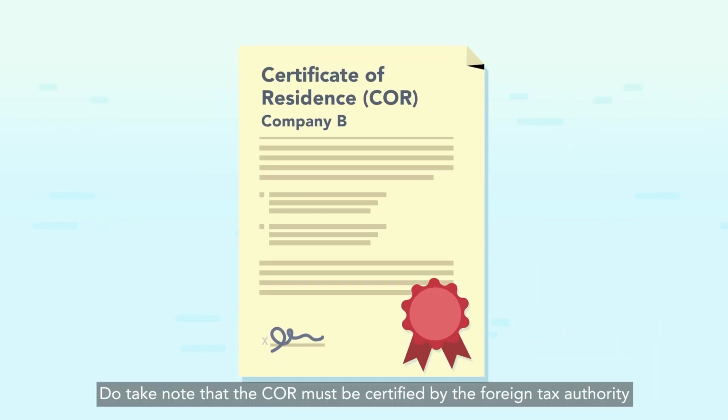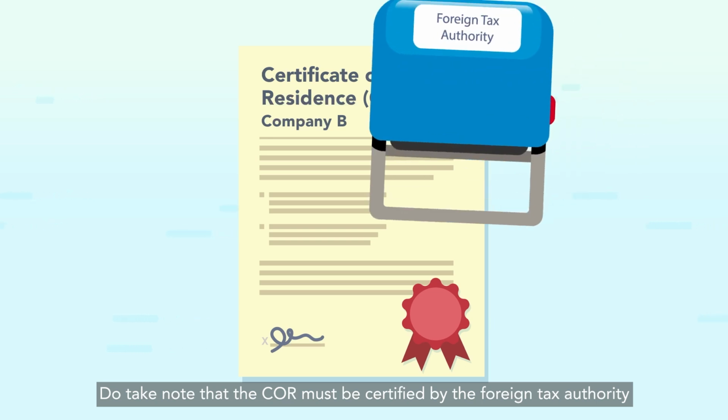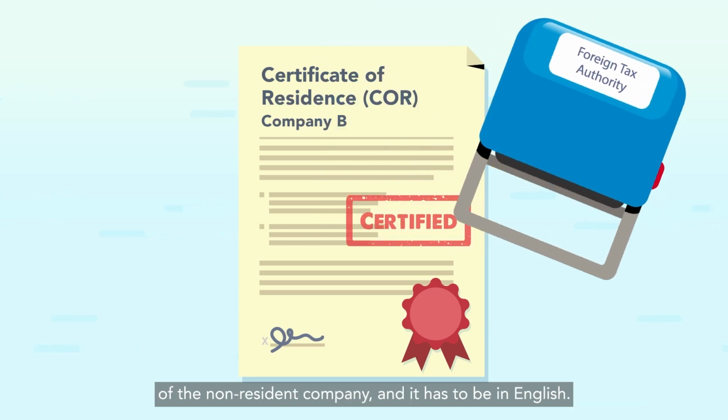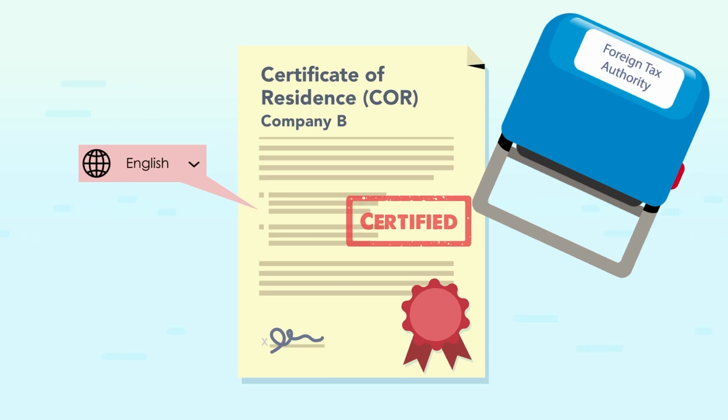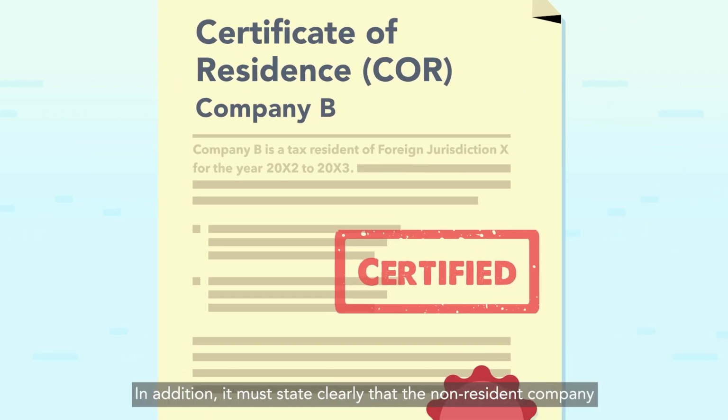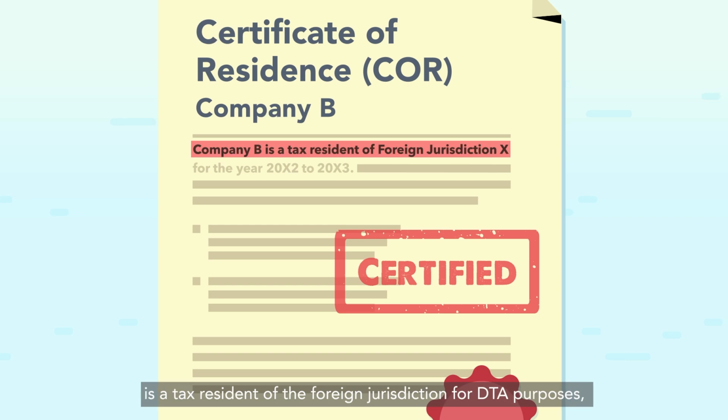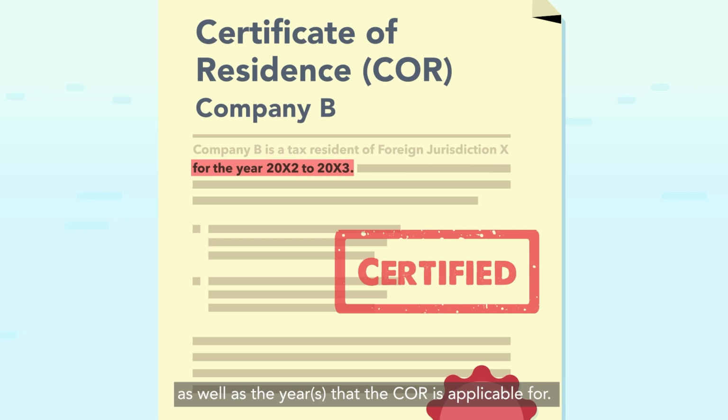Do take note that the COR must be certified by the Foreign Tax Authority of the non-resident company, and it has to be in English. In addition, it must state clearly that the non-resident company is a tax resident of the foreign jurisdiction for DTA purposes, as well as the years that COR is applicable for.